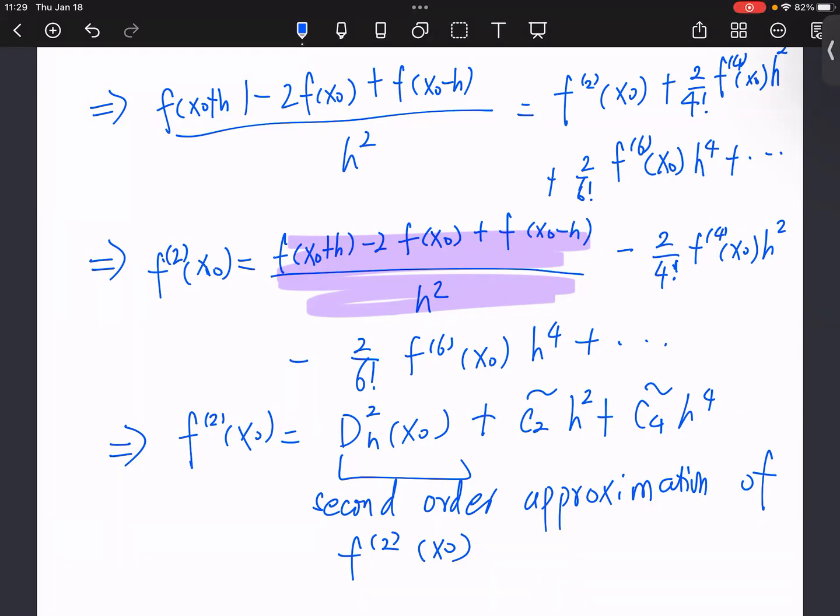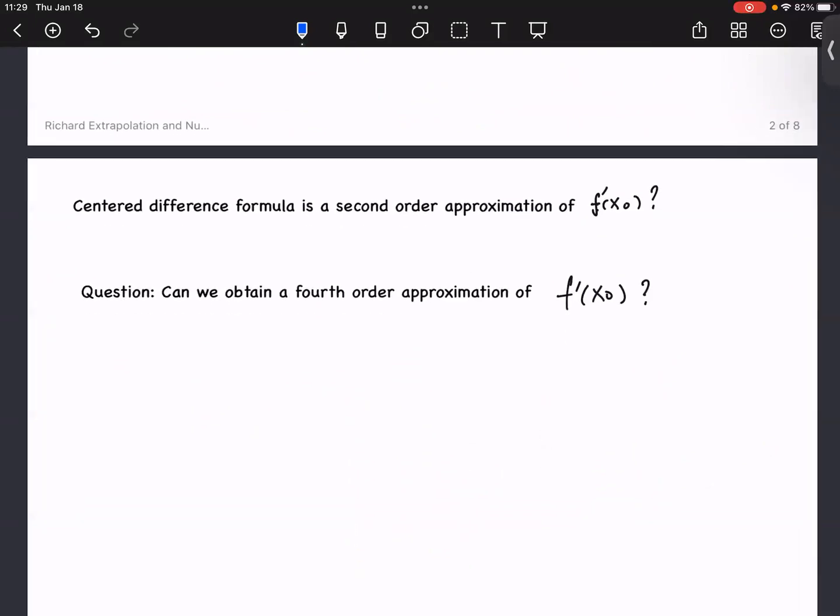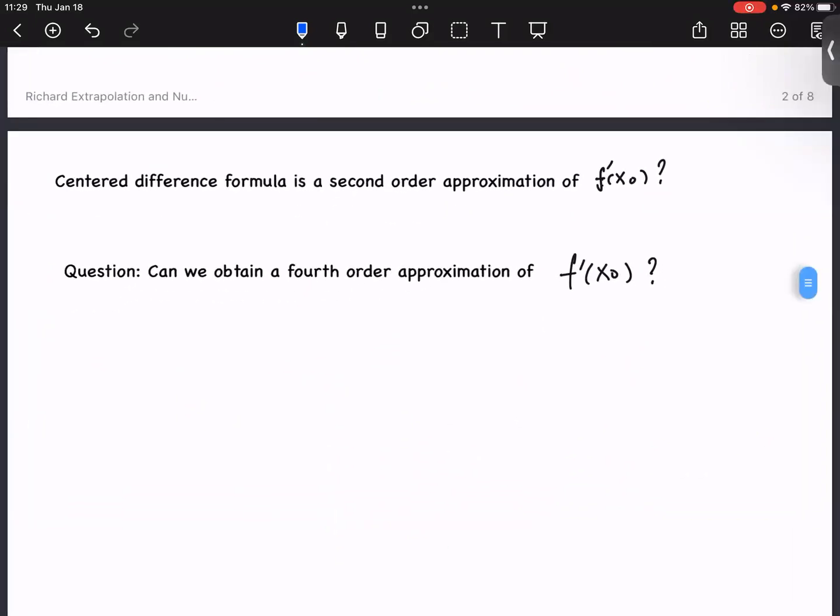We are going to approximate f'(x0), the first derivative, with fourth order accuracy. So let's take a look at what we have. We just derived the central difference formula with the Taylor expansion, and that formula is telling us what we would have.